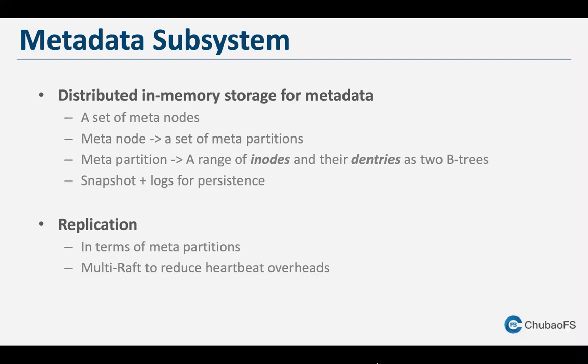If we do raft-based replication for each, we will have too much communication overhead between physical nodes. So we employ multi-raft to do a hierarchical clustering of those replication groups to further reduce the heartbeats.